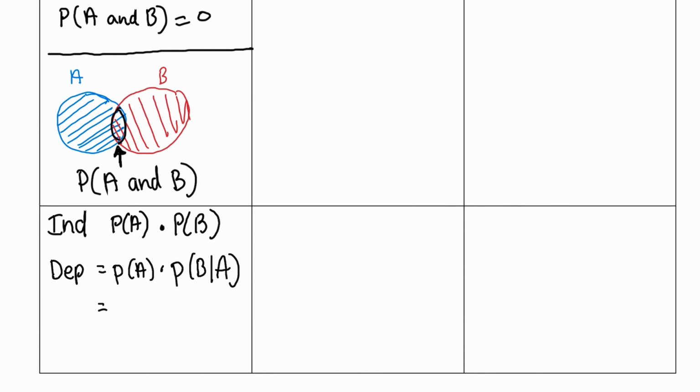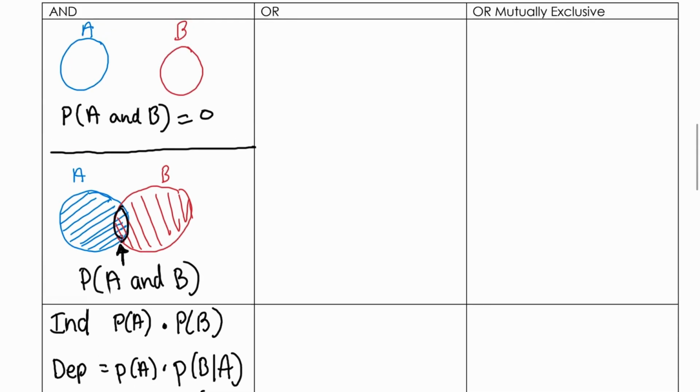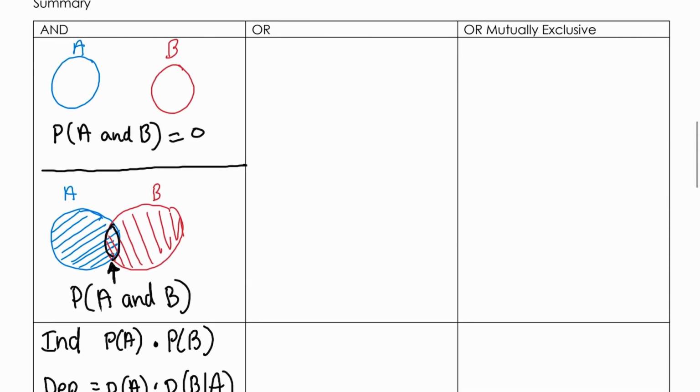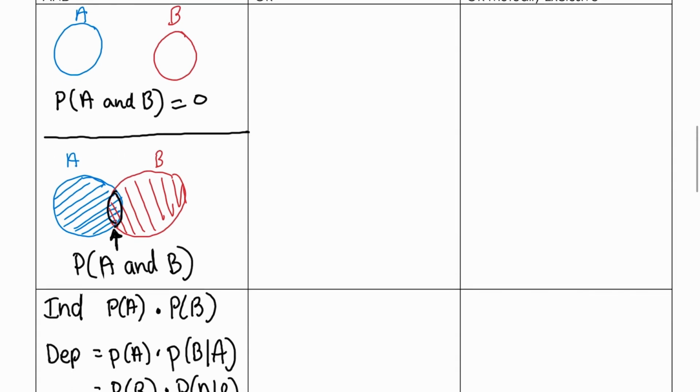And then remember, you can reverse the letters and it would be the same probability. It's also equivalent to the probability of B happening times the probability of A happening, given that B has already happened. So this column here is a quick summary of all of our and information.